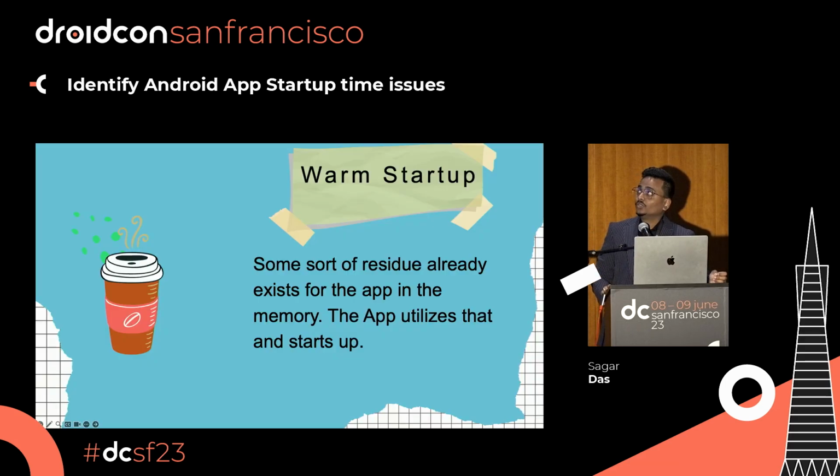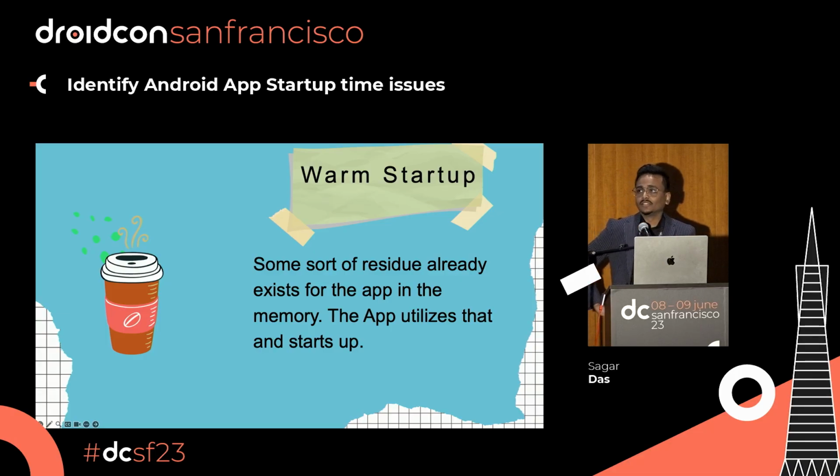Let's move along to the second type of startup, called a warm startup. Now, this is, I would say, the most inexact way of defining or finding issues, because even if you refer to the official Google developer documentation as of today, the way they define it is that some sort of residue already exists for the app in your device memory.